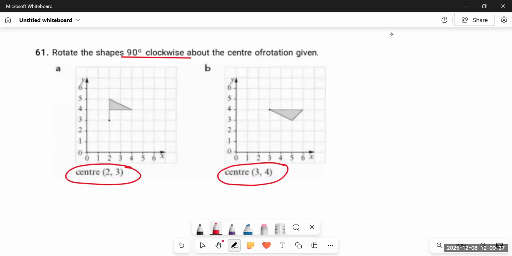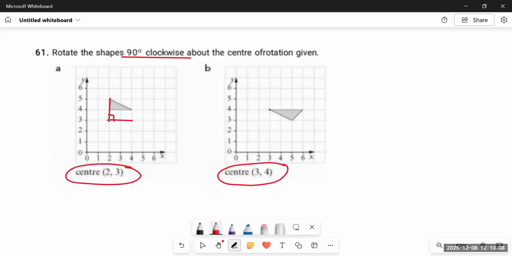Since the center is 2, 3 here, and we have to rotate this triangle, basically we have to look for this line. This line is 2 squares. When we rotate this line to 90 degrees, it would be like this. Upon the rotation of 90 degrees, it will become like this.